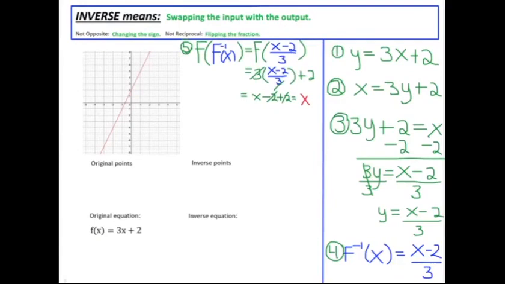All right, now let's go the other way. We're going to do f inverse of f of x.